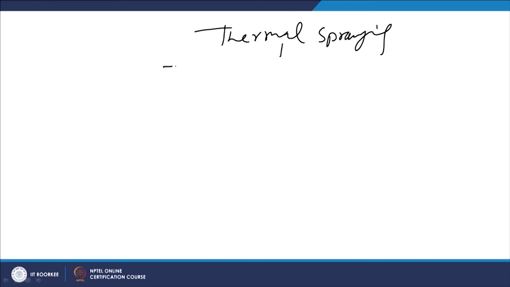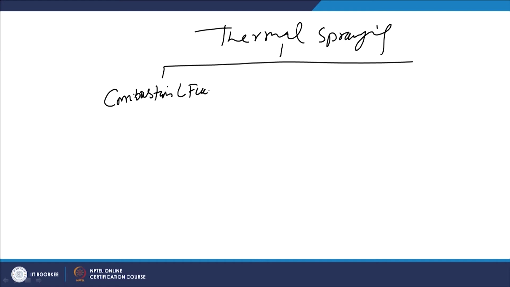There are two broad groups in this category, one which uses the combustion involving the burning of the fuel, gas and oxygen mixture for spraying purpose, and another is where electric arc is used for developing the heat.